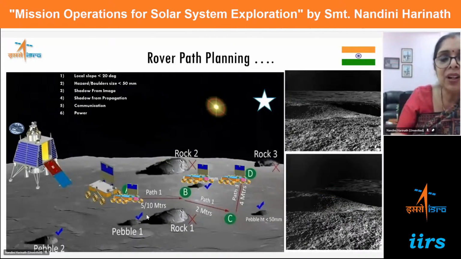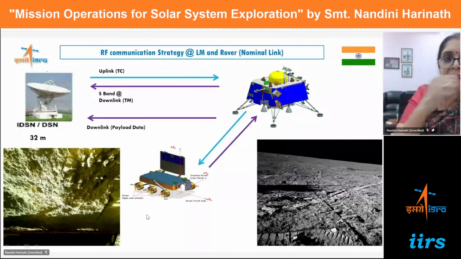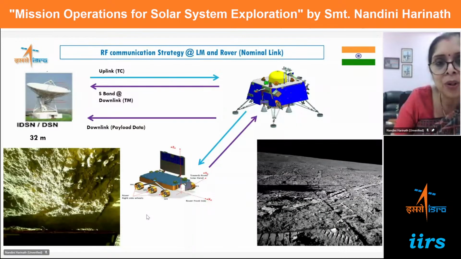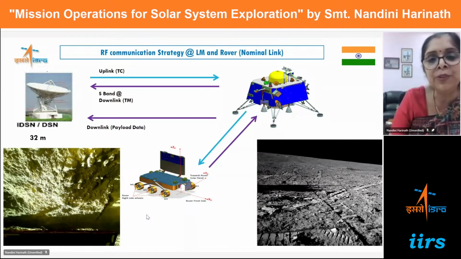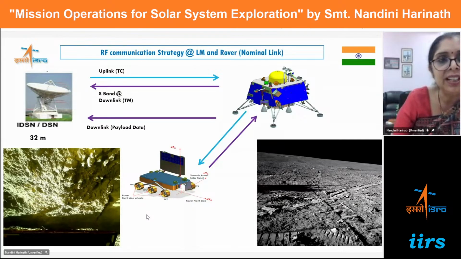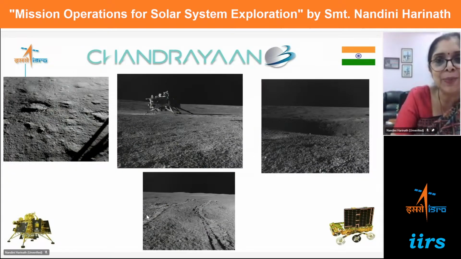So let me move on. The rover actually moved on the moon surface. The rover was communicating to the lander, and the lander was communicating to the Earth station here, the IDSN, the Indian Deep Space Network picture that I showed you earlier on. And these are some more very nice pictures from the Chandrayaan itself.